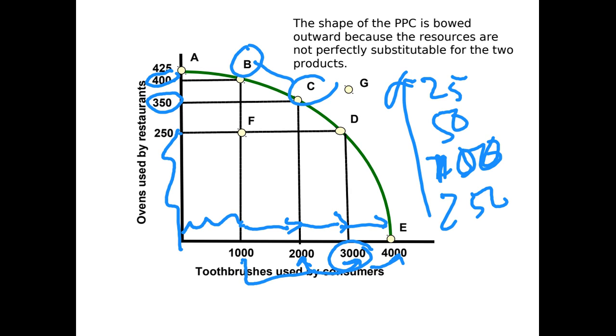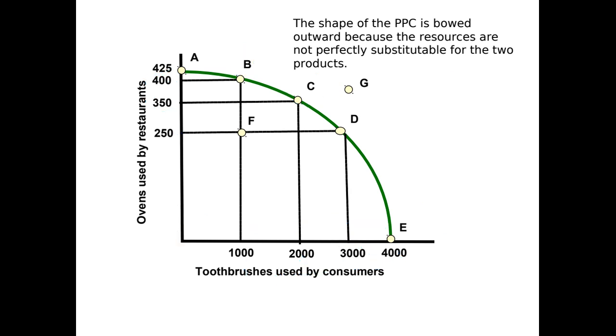What is the logic behind this? Why does opportunity cost increase when you keep producing more toothbrushes? This is the reason why we have a bowed outward shape of this curve. This curve is concave, bowed outward. It's not a straight line.